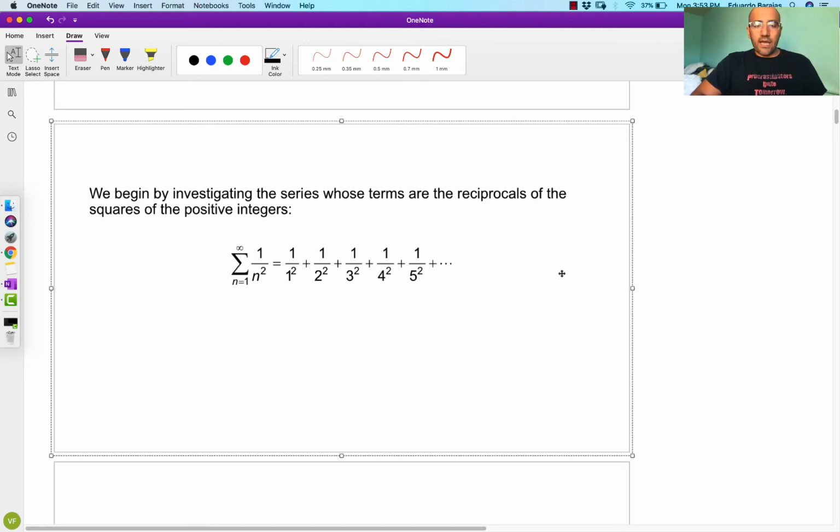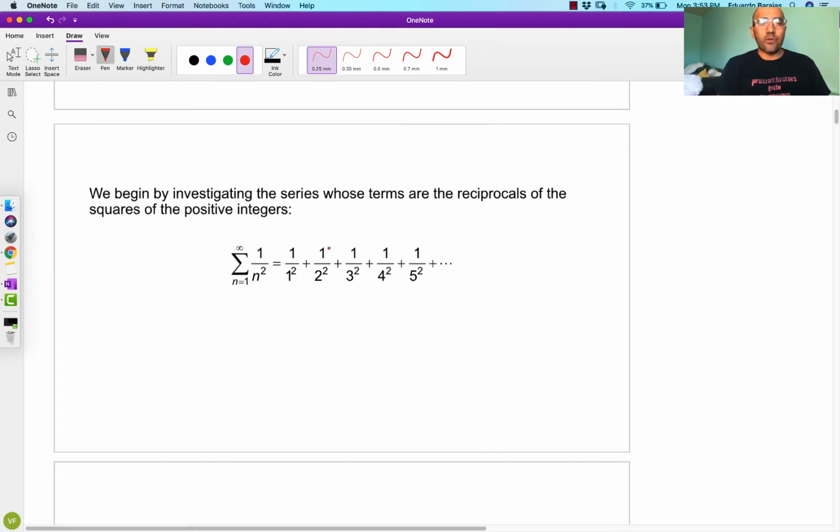Notice that this is not a geometric series. A geometric series would mean that from one term to the next, we always multiply by the same amount, and that's not quite the case here. Let's simplify: this is 1 over 1 squared, which is 1, plus 1/4, plus 1/9, plus 1/16.